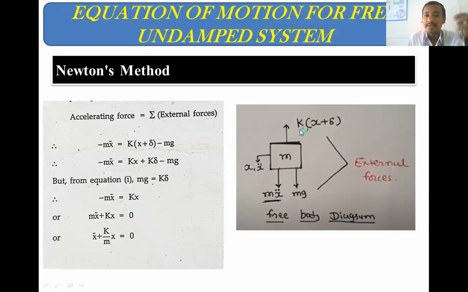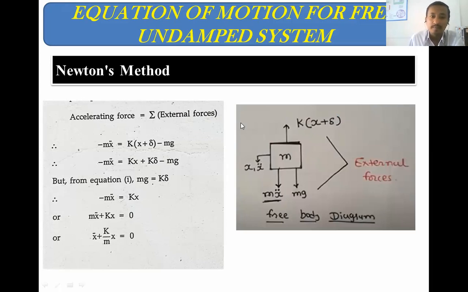Once the mass comes down by applying a force, again it will go back to the original position, so that is the restoring force. These two are called the external forces, and this is the accelerating force.